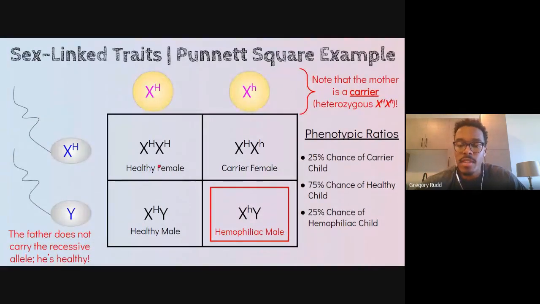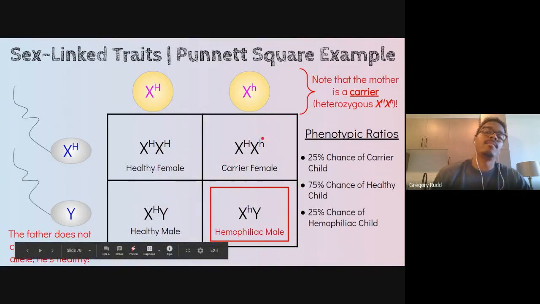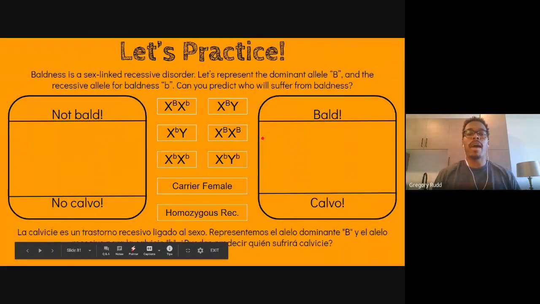And there's a 25% chance that they have a child who is a hemophiliac. All right, so you have to ultimately be able to do some analysis. It's not just about writing these things into the boxes. It's about being able to analyze it. Okay, let's do some more practice.